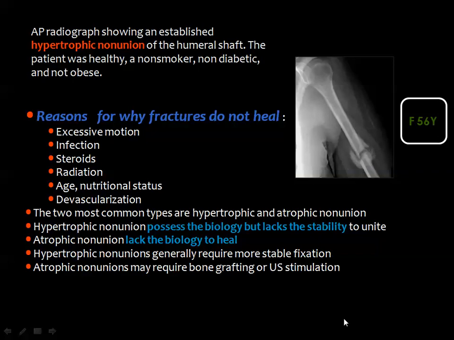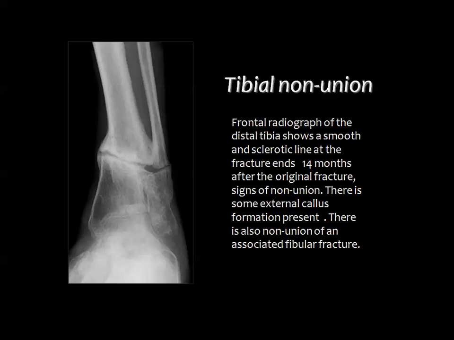While the atrophic non-union means that the body lacks the biology to heal. Then hypertrophic non-union usually requires stable fixation, while atrophic non-union usually requires bone grafting or internal fixation or ultrasound stimulation to stimulate the union process.